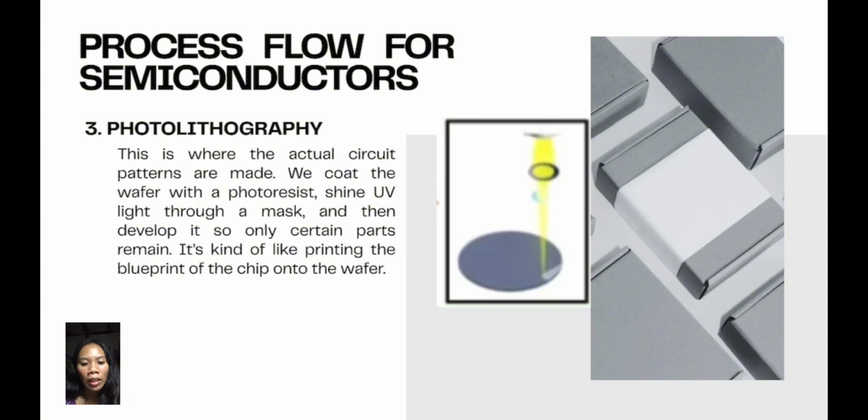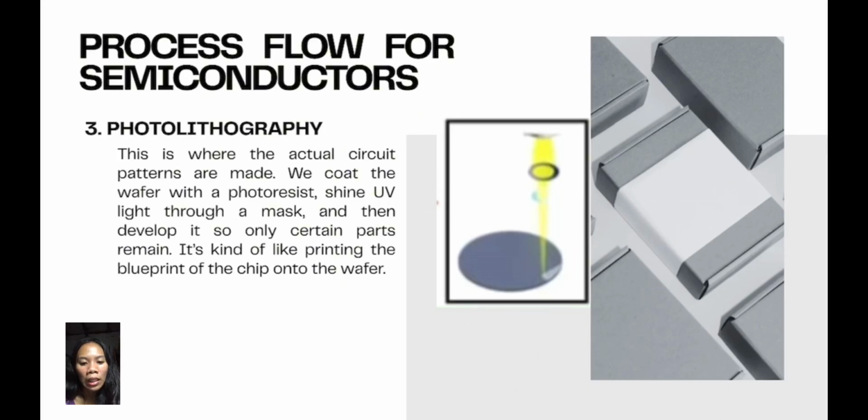Photolithography. This is where actual circuit patterns are made. We coat the wafer with a photoresist, shine UV light through a mask, and then develop it so only a certain part remains.